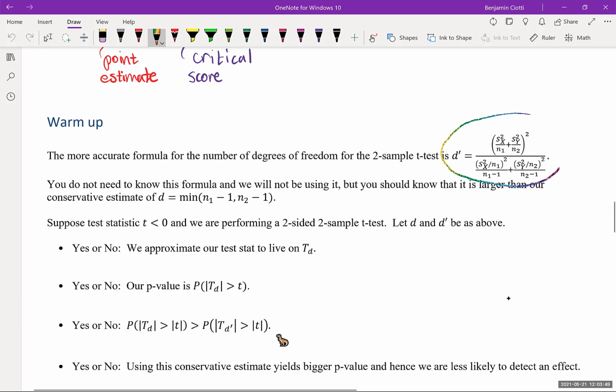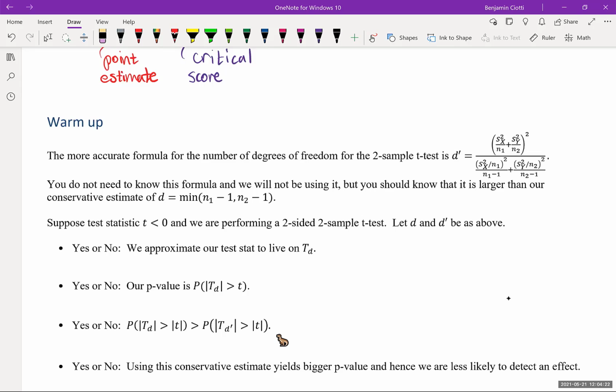It's this long formula right here, which I don't even want to say out loud because it's so long. And you don't have to know it. I just thought I'd show it to you in case you're interested in what it is that we're not showing you. What you do have to know is that the one that we are using is a conservative estimate, meaning it's smaller. We're playing it safe by taking the minimum of the two sample sizes minus 1.